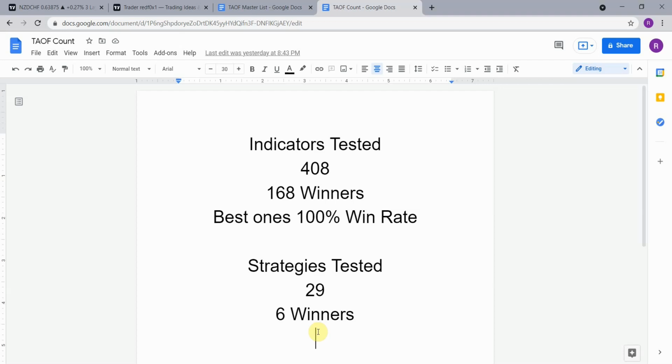The best ones so far were able to achieve a 100% win rate. Now you need to go back and watch those videos to understand the context of how they were able to achieve that. But as we are working on building the best trading system possible, you could take any one of those 168 indicators and get out there and start potentially profitably trading the markets with them now.